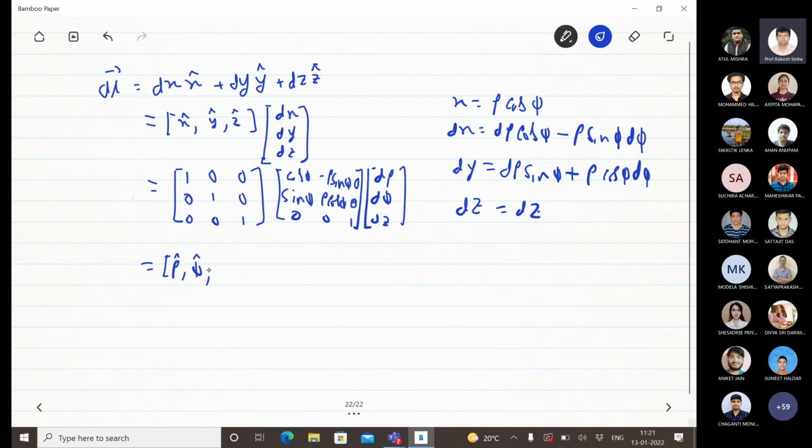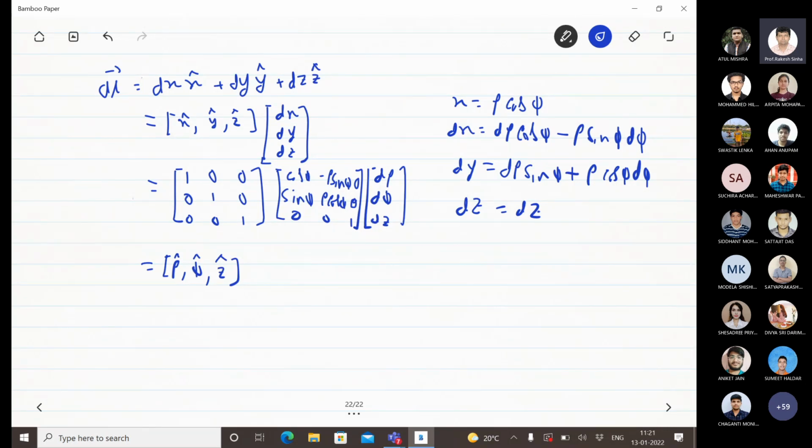Please note that these are basically unit vectors in the cylindrical system, not the coefficients. Now this is an identity matrix, so we have to multiply this with something to get the identity matrix.